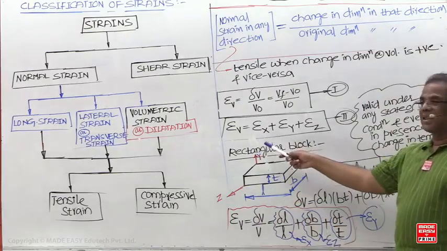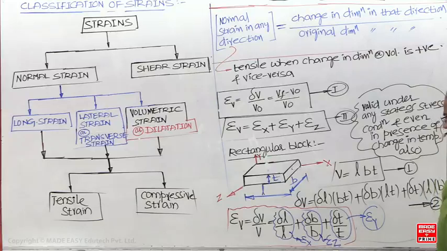Therefore, the volumetric strain is written as epsilon x plus epsilon y plus epsilon z.